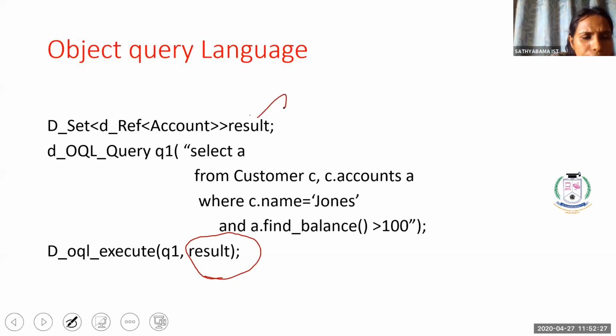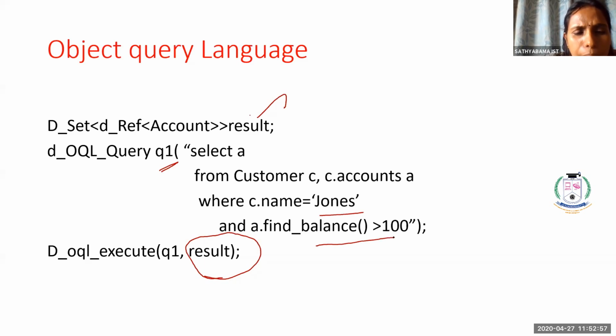Now this OQL query is query Q1, a name you give as a normal thing: how many accounts this particular John customer is having, and find out the account which is having the balance greater than 100, right? This query is very easy, like how we would write the same thing in the relational data model.